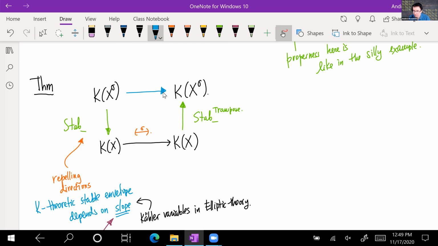So this map, what we've proven about properness, the theorem says what? First of all, the first statement: we essentially proved that this is proper.